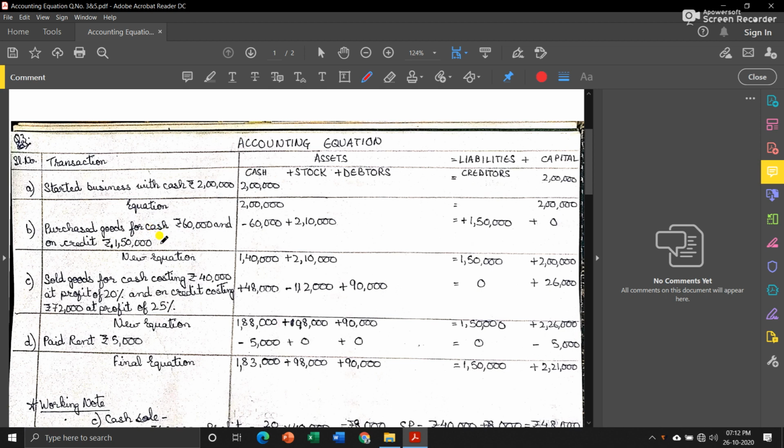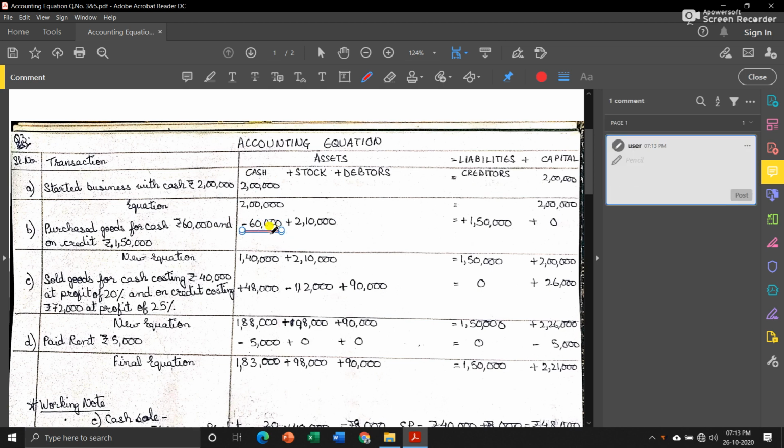That means he now has one new liability. Now let us see first cash part. Since he paid the cash, 60,000 will be deducted from cash. Then for credit 1,50,000, that means his liabilities, that is creditors, increased by 1,50,000.